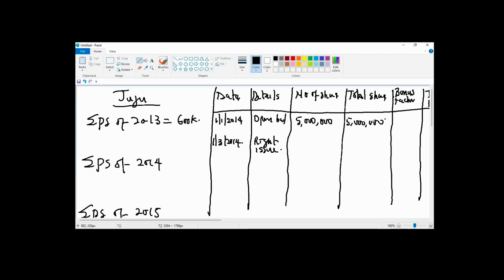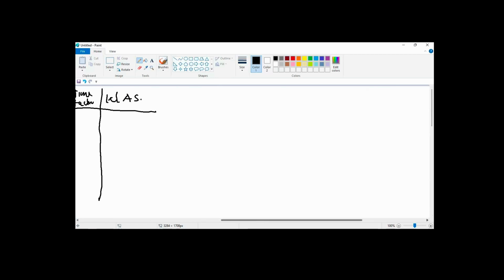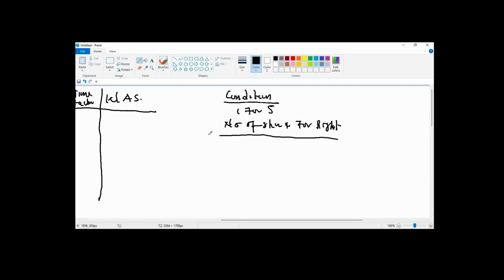Then for the right issue, I'll get the condition. The question has given us 1 for 5, no problem. That means the number of shares for the right is one over 5 times 5 million.